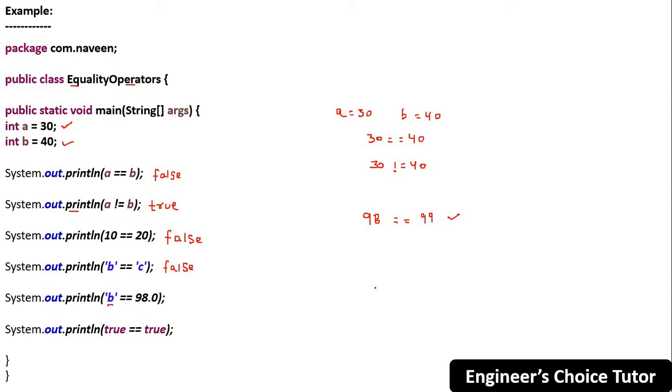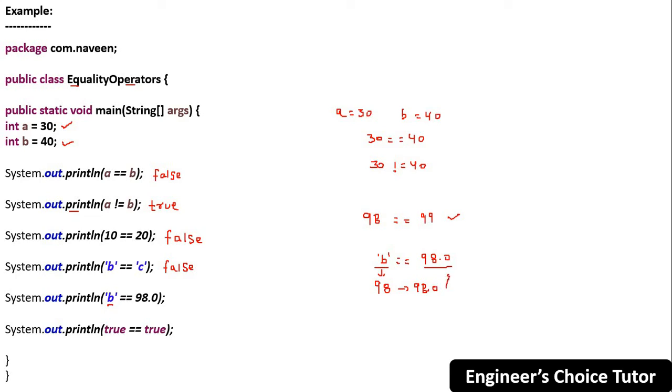Next, character B is double equal to 98.0. Tell me, this is of what type? Double type. And this is a character. So first, the compiler will convert this into int. What is the Unicode value for this? 98. Then it will convert this 98 to double type, 98.0.